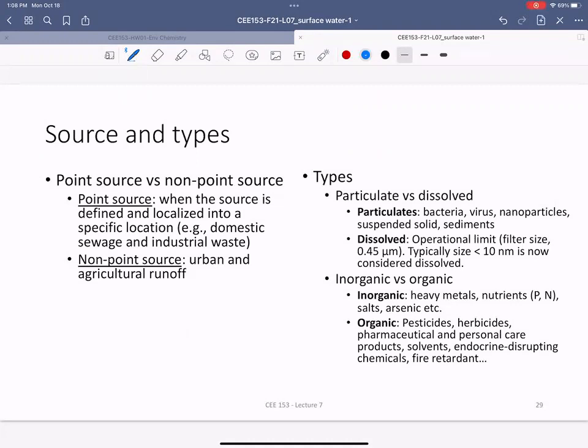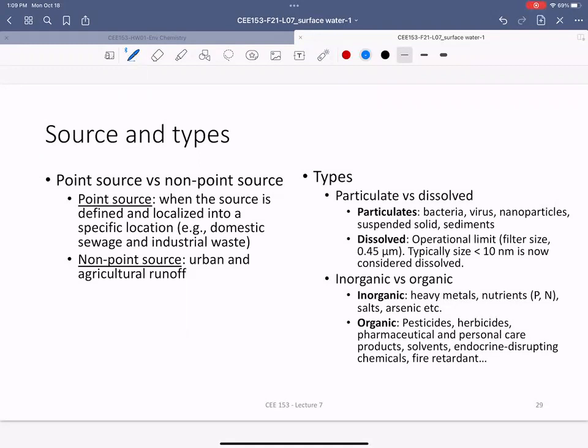Sometimes you have a source that you can't identify. For instance, nitrogen. You see eutrophication because of lots of nitrogen and phosphorus in water, and they come from different locations. For instance, if you apply fertilizer, that fertilizer ends up in water. You have leaves, you have lots of dead biomass, and those release nutrients.